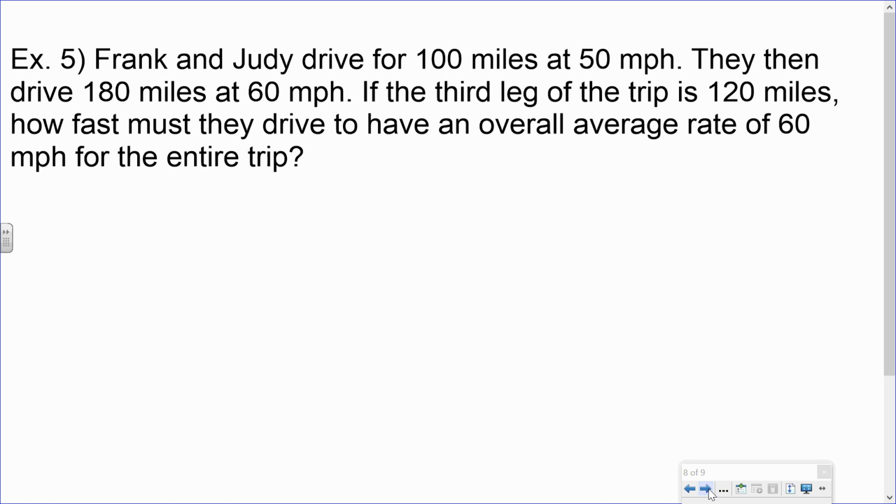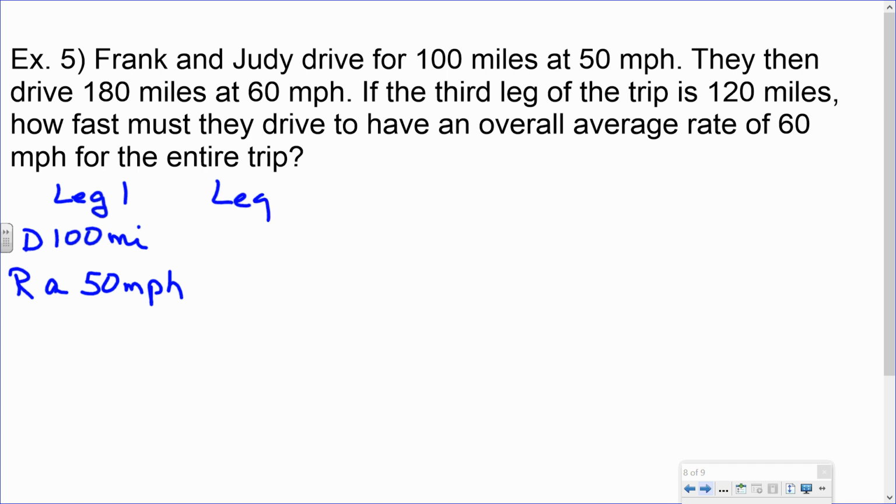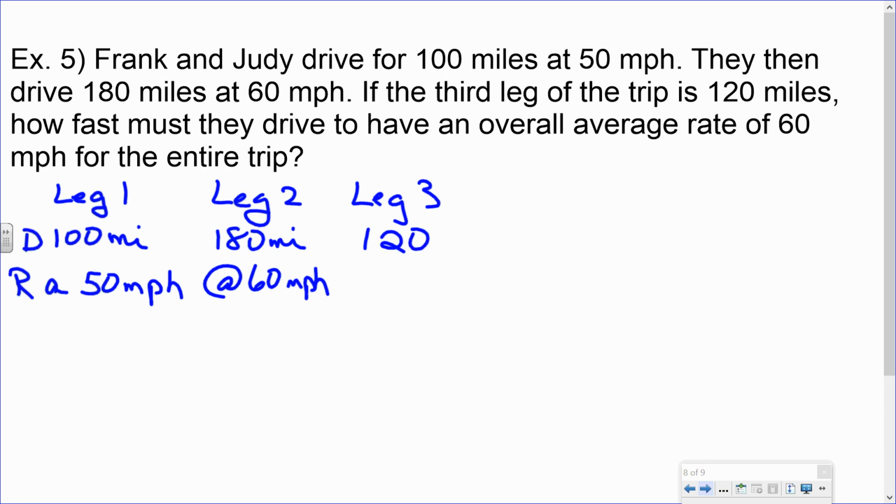So we've got different legs of this trip. For the first leg, we go 100 miles at 50 miles per hour. For the second leg, we go 180 miles at 60 miles per hour. And for the third leg, we go 120 miles, and we do not know how fast we're going.